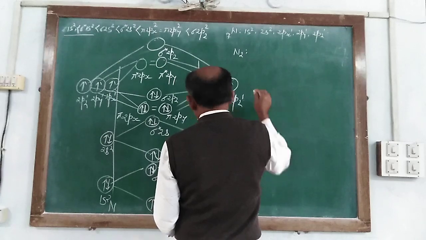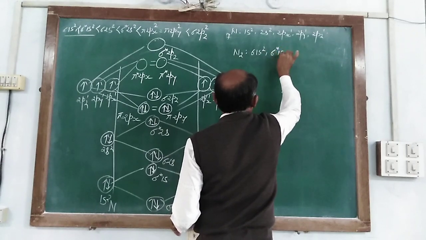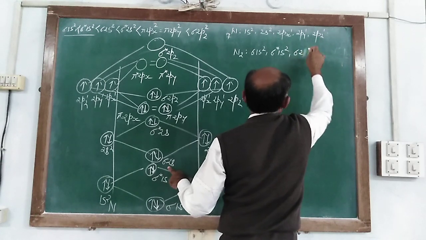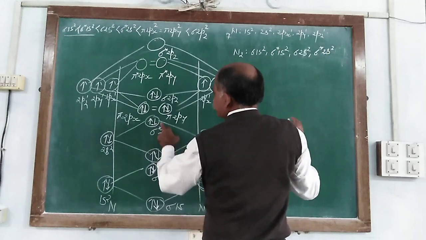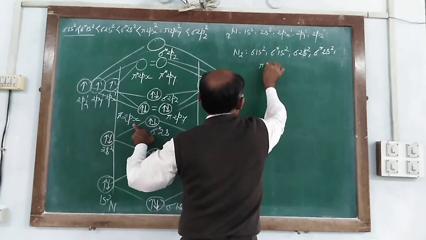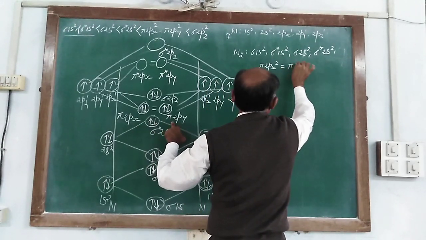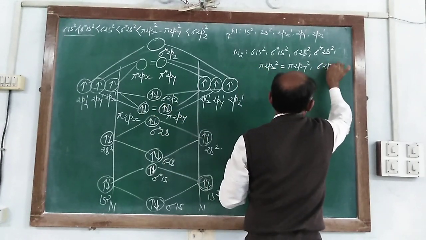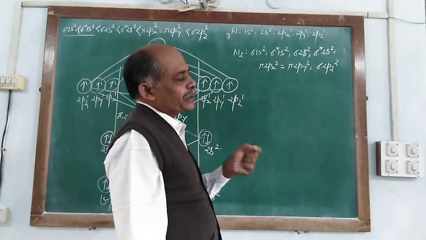So it is sigma 1s2, sigma star 1s2, sigma 2s2, sigma star 2s2, then pi 2px2 is equal to pi 2py2 and sigma 2pz2. Now we calculate the bond order in the N2 molecule.